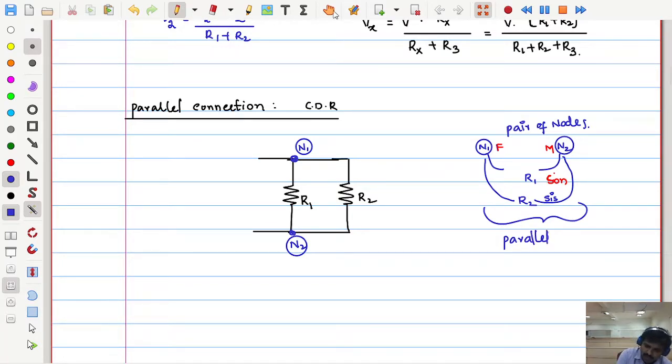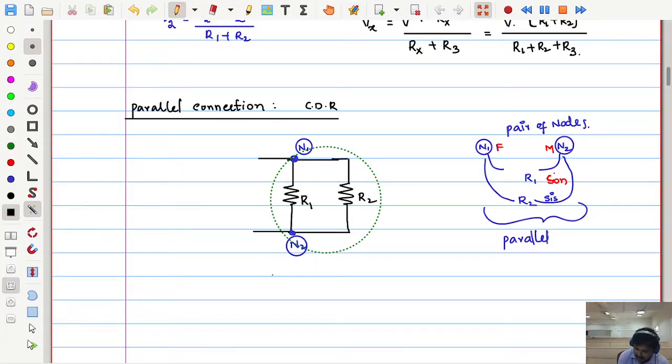Now, when those are in parallel, we will see something interesting: we can replace those parallel connected elements between those corresponding nodes. Like this circle can be replaced by its equivalent value.